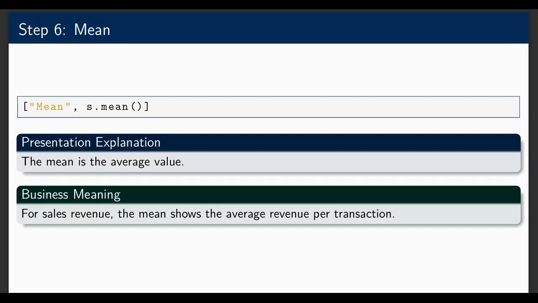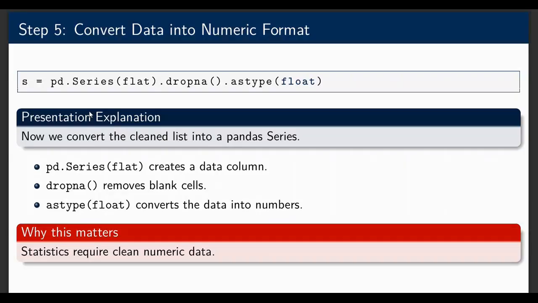That's why here we use M as a capital letter. So our result will be one column with the name Mean and the next column with the value of the mean, and this is the S that we created here.